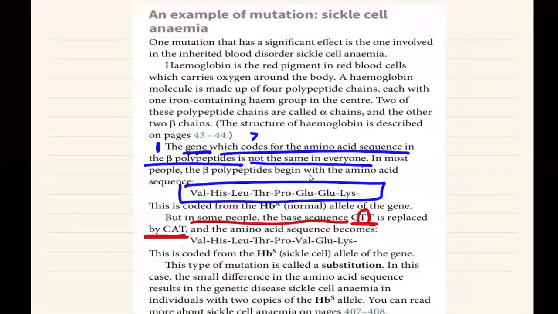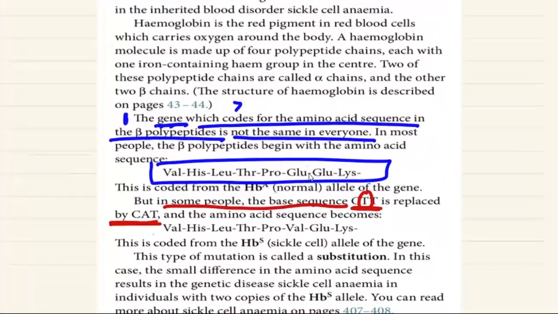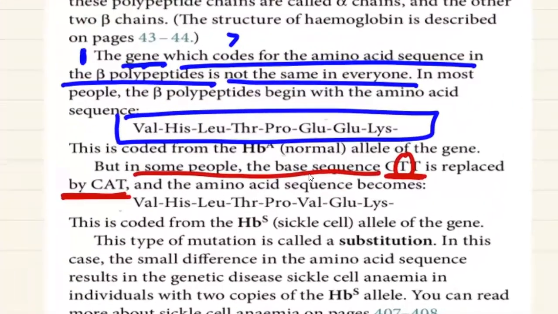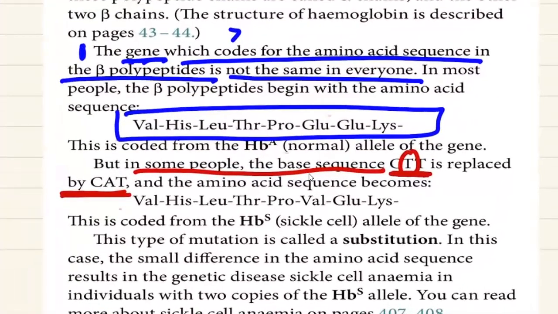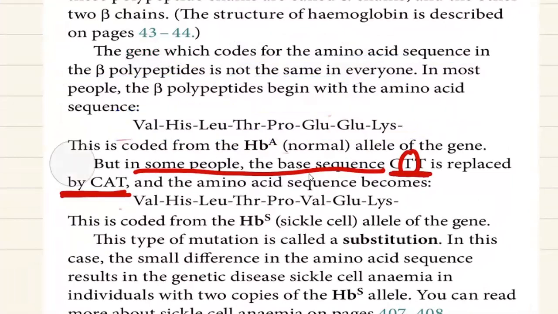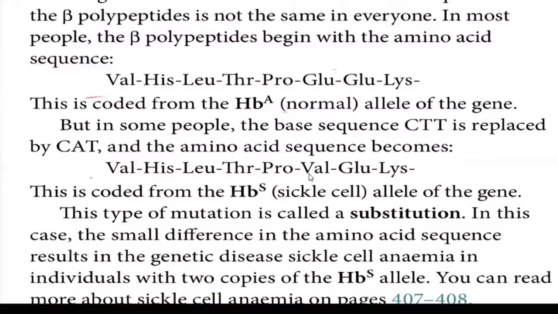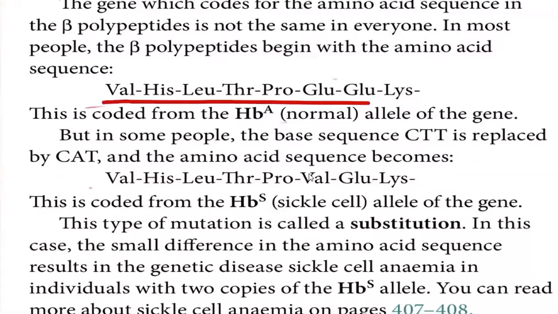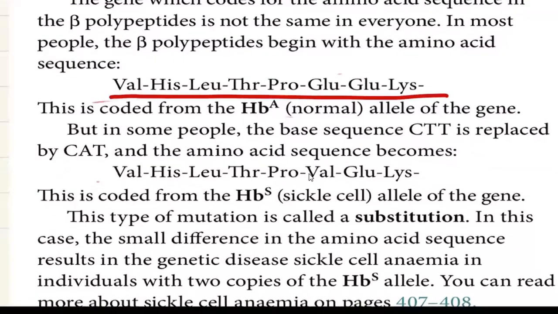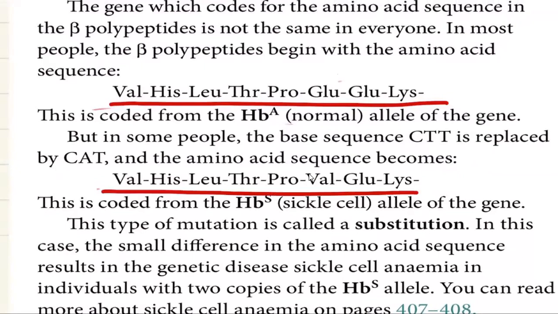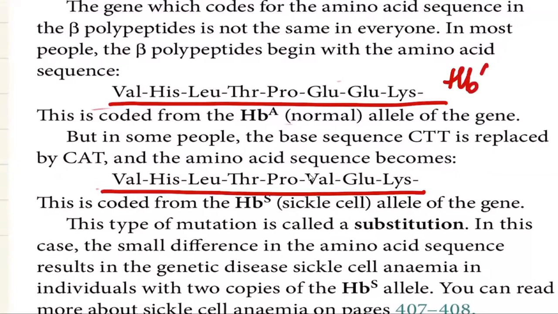So if we look at the DNA code, the DNA code is actually CTT, which is replaced. We all know that our DNA code is a triplet code, which means a triplet of bases codes for one amino acid, right? So what is the triplet of bases that codes for glutamic acid? For example, this is your sequence for the HbA allele, and this is the sequence for the HbS allele.